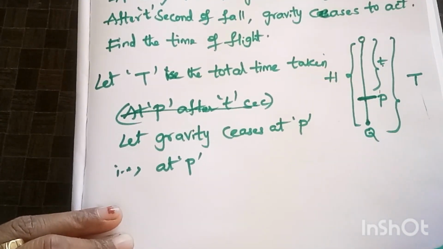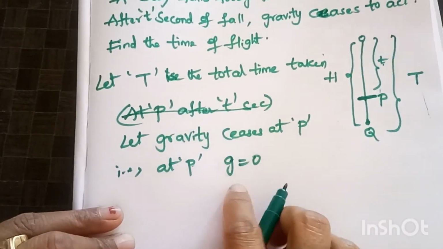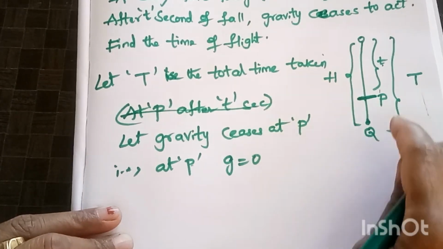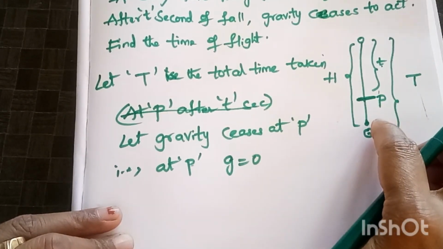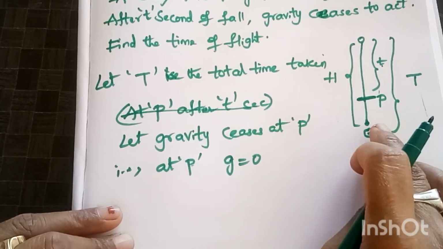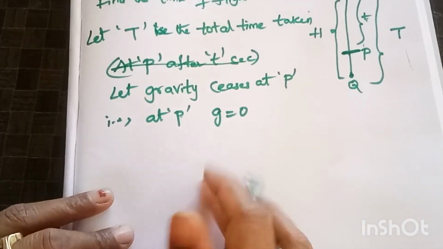Without gravity the body does not reach the ground. So at P, g is equal to 0. G means acceleration due to gravity will be 0 when the object does not have any gravity. Gravity is ceasing here, so at point P the body has no gravity, so g equals 0.